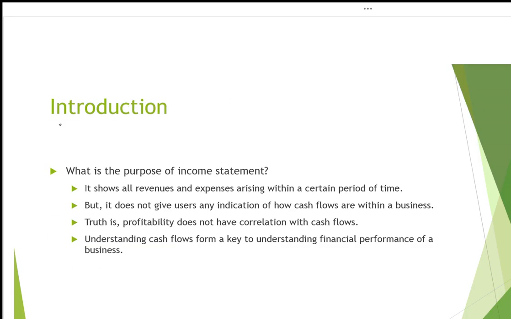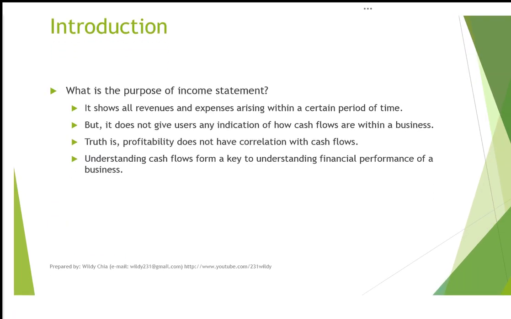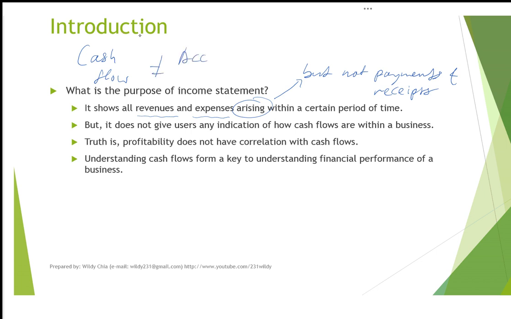Okay? So, if the income statement doesn't tell us cash flows, then what does it do? It simply tells us revenues and expenses that arise within a period, but not payments and receipts. So payments and receipts, and when they occur, are not reflected in the income statement. In fact, cash flows would therefore have no relationship with accounting profit.